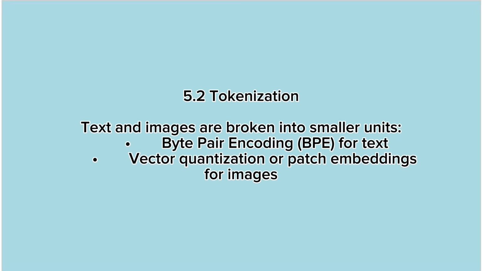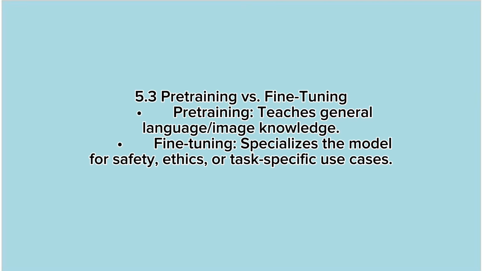Text and images are broken into smaller units by byte pair encoding (BPE) for text, and vector quantization or patch embeddings for images. 5.3 Pre-training vs. fine-tuning. Pre-training teaches general language or image knowledge. Fine-tuning specializes the model for safety, ethics, or task-specific use cases.